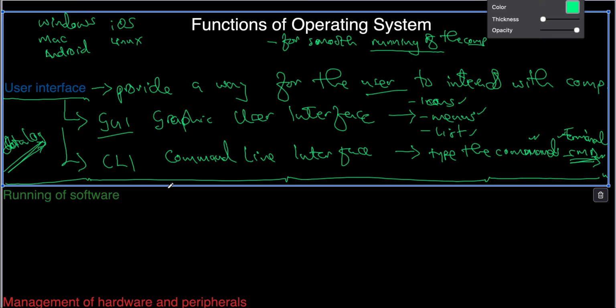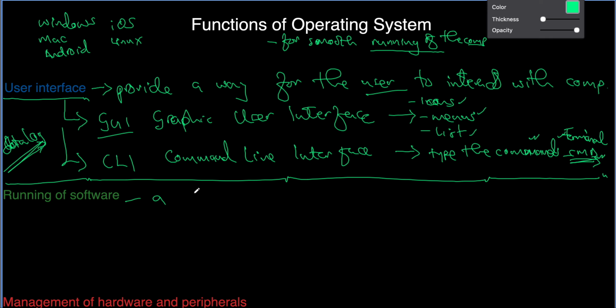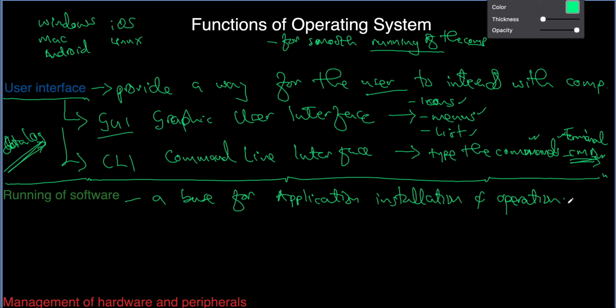So basically, we are talking about the operating system being the father of all applications. The operating system provides a base for application installation and operation. You do need the operating system to be able to install and run other applications.